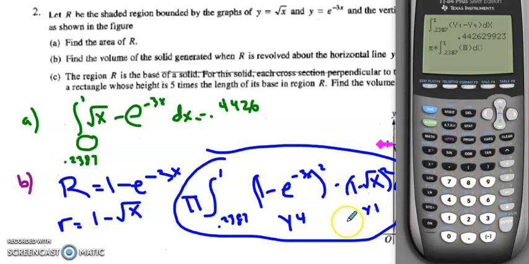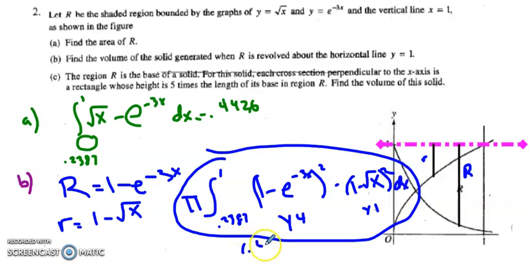And then I'm going to do y4 minus y1. So vars, y-vars, function, y4 minus vars, y-vars, function, y1. And then I'll come over here and make sure I'm integrating with respect to x. And I'm going to get that my answer is 1.423.